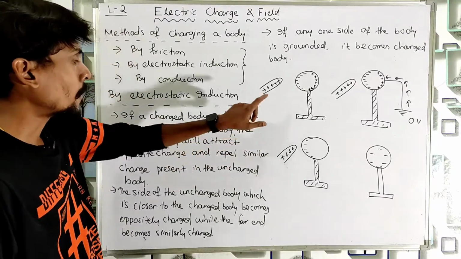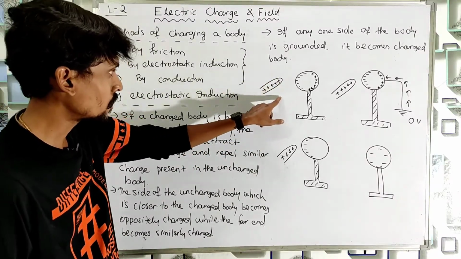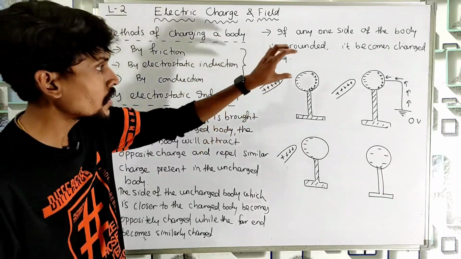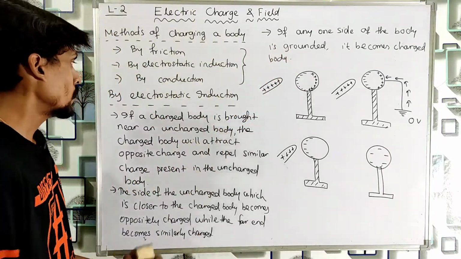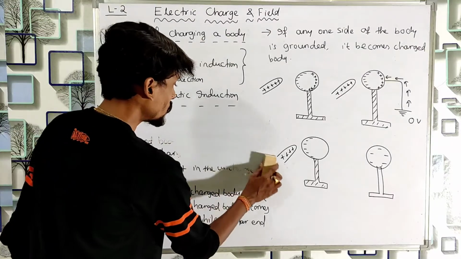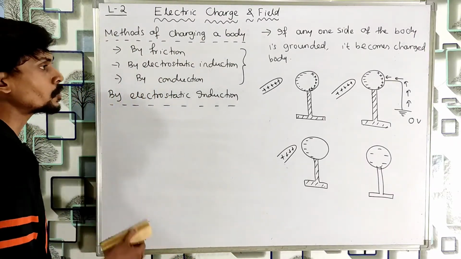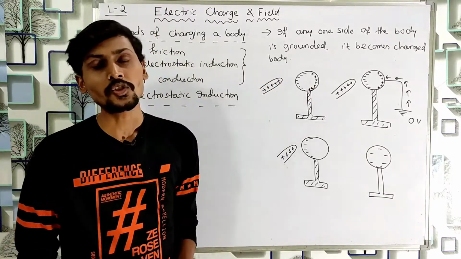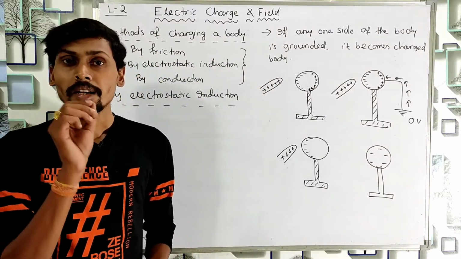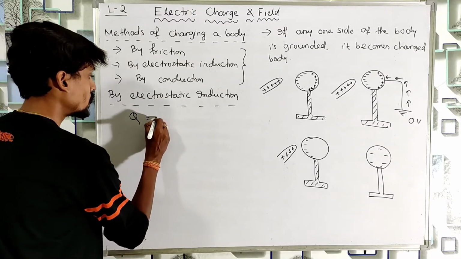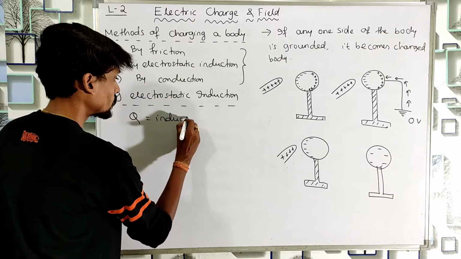So remember that the charged body, this is the charged body which is used to induce charge in an uncharged body. So the charge which is used to induce charge in an uncharged body is known as inducing charge. Let us say Q is the inducing charge.